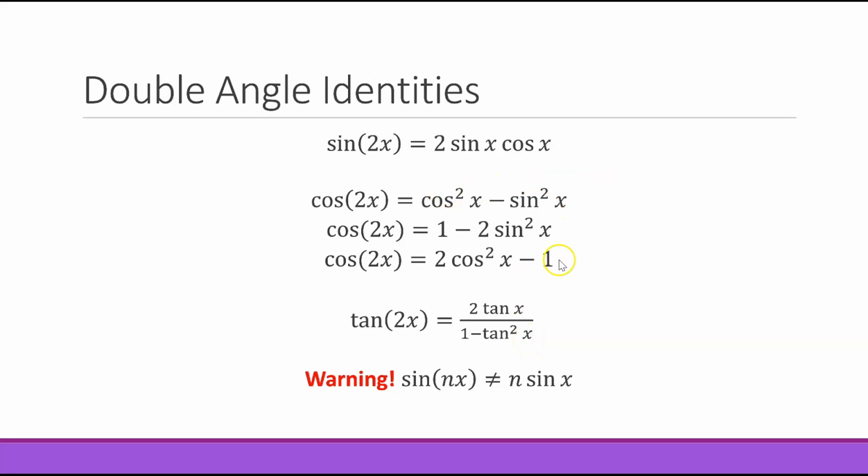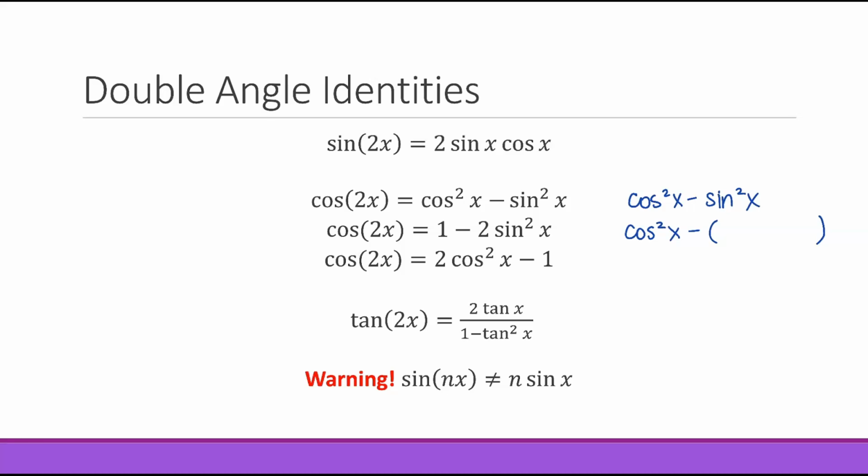Now you might be thinking, well, why are there 3 different formulas for cosine 2x? Well, sometimes for a particular problem, one version might be easier to use than another, but these are really all equivalent to one another. So if I focus on the top one, cosine squared x minus sine squared x, what I can do is replace sine squared x with what I know to be true from the Pythagorean theorem.